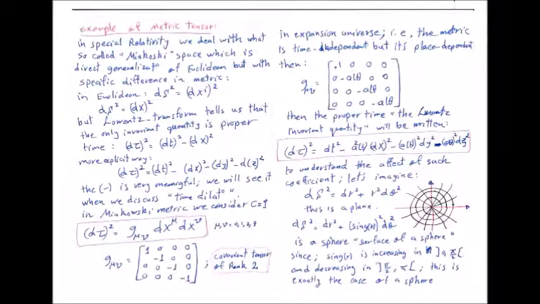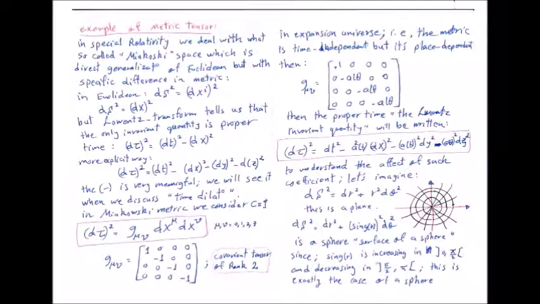For example, if we are talking about an accelerating universe, then instead of taking −1 on the spatial axes, we need to take −a, −a, −a. Then the proper time will be written in a bit different way: dt² − a² dx² − a² dy² − a² dz².